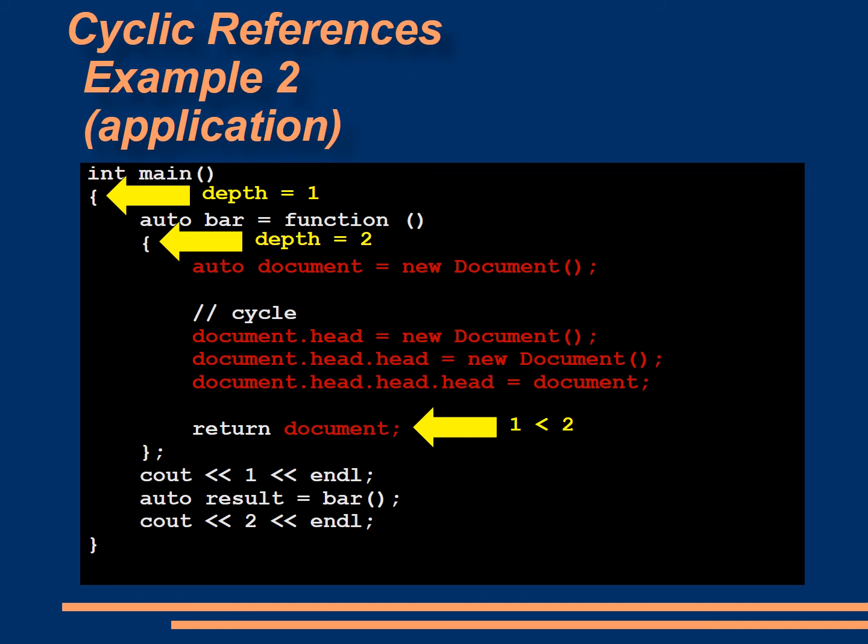What happens here is that the proxy used by the parent scope is going to be propagated to all the elements associated to the document instance. So therefore the entire cycle and all the child elements of that cycle are going to be promoted to the parent scope.